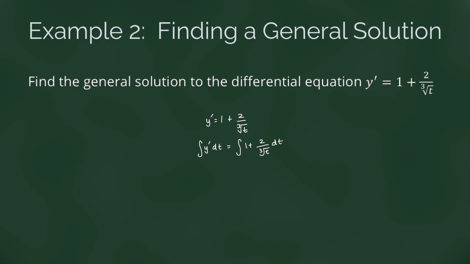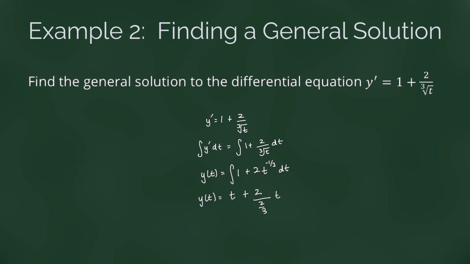Well, the antiderivative of y prime with respect to t is just y of t. On this side, I'm going to rewrite this as 1 plus 2 times t to the negative 1/3 power. And then we know by our rules of antiderivatives that y of t is going to be equal to t plus 2 divided by, when we add 1 to negative 1/3, we get 2/3.